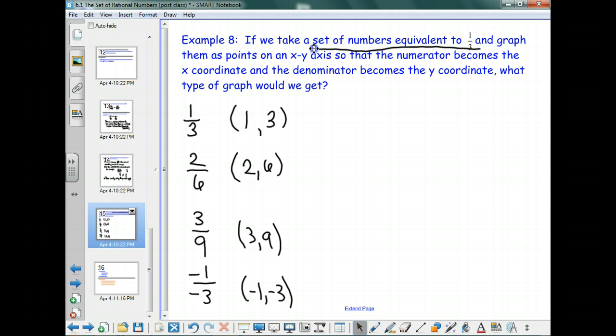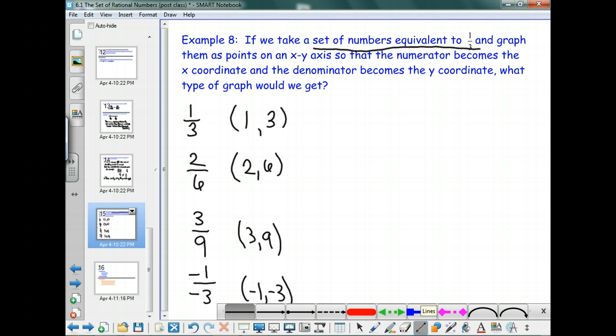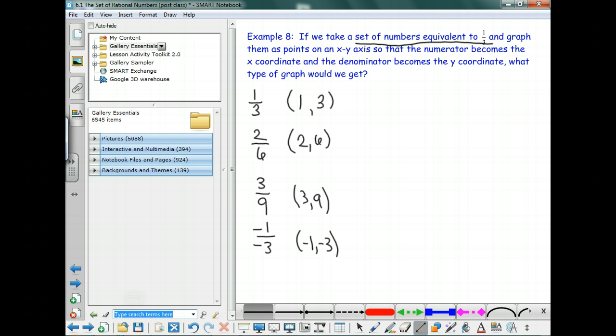All right, so the next thing we're supposed to do is get an axis that shows it. So let me play with this just a second, see if I can remember where it is.